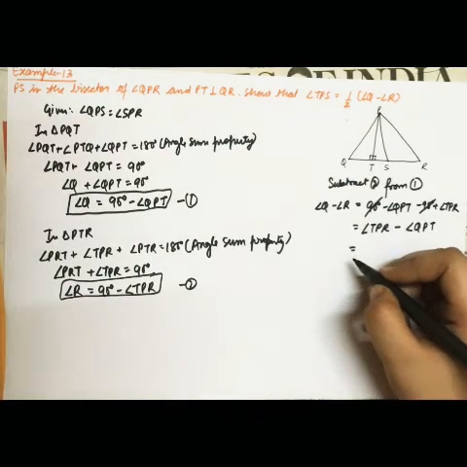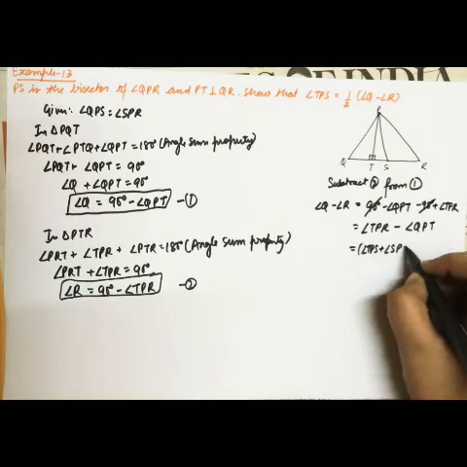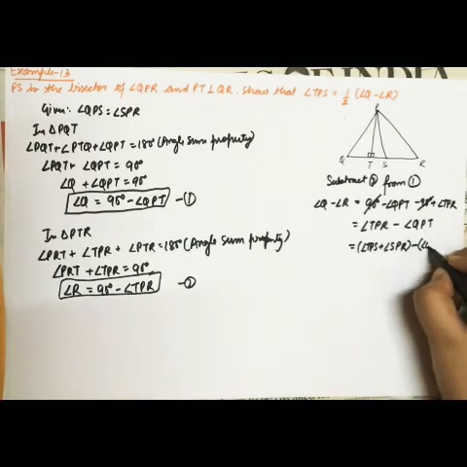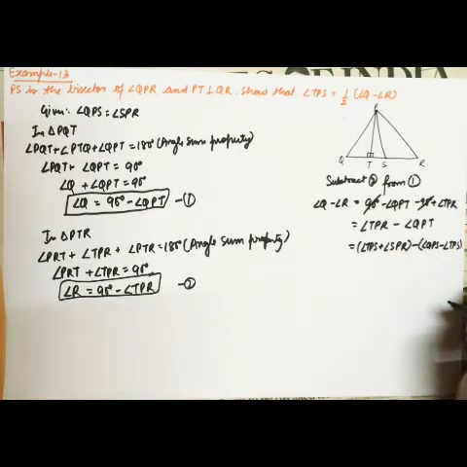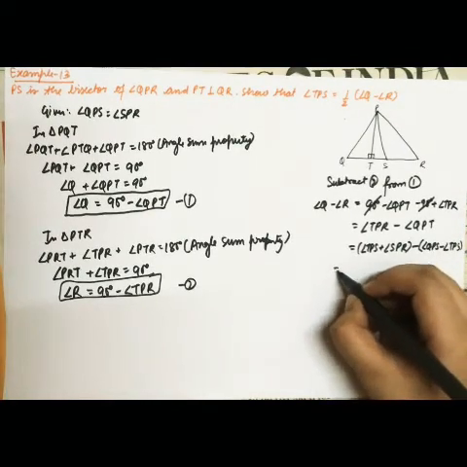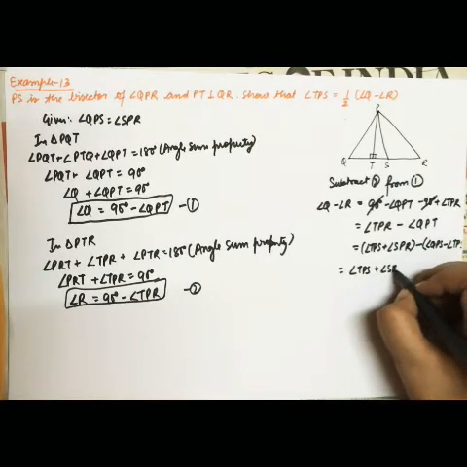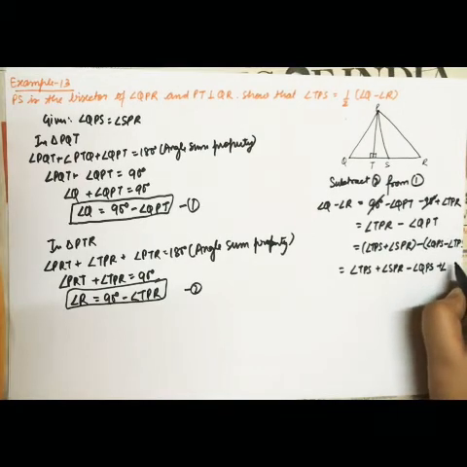Now angle TPR is nothing but angle TPS plus angle SPR, minus angle QPT, which is nothing but angle QPS minus angle TPS. So now by opening the bracket we get angle TPS plus angle SPR minus angle QPS plus angle TPS.